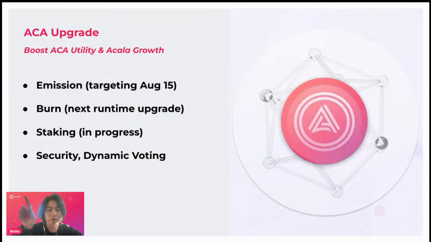One is that ACA can be used for staking, and second is that ACA can be used to farm ecosystem tokens, etc. And the last one is that a portion of the staked ACA can be used as a mitigation tool in the event of a shortfall. Can you give an example, right?